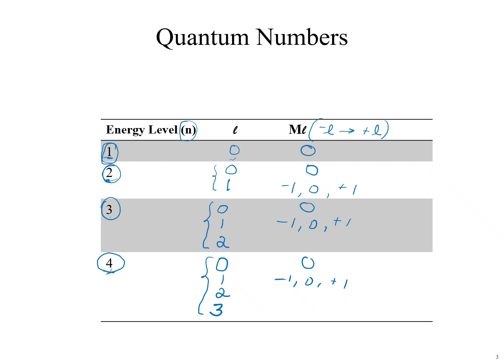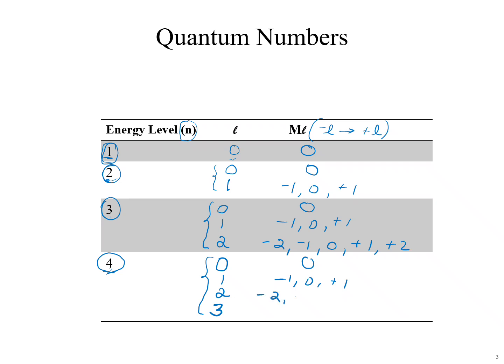Now on my third energy level, besides having an L value equal to 0 and 1, I also have an L value that is equal to 2. So the possible values of m sub L are going to start at minus 2 because we go from minus L, which is 2, all the way to plus L, which is 2. So we start at minus 2, minus 1, 0, plus 1, and plus 2.